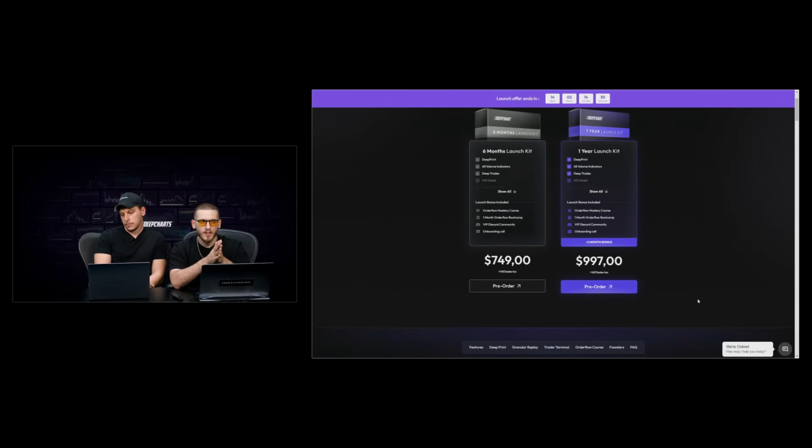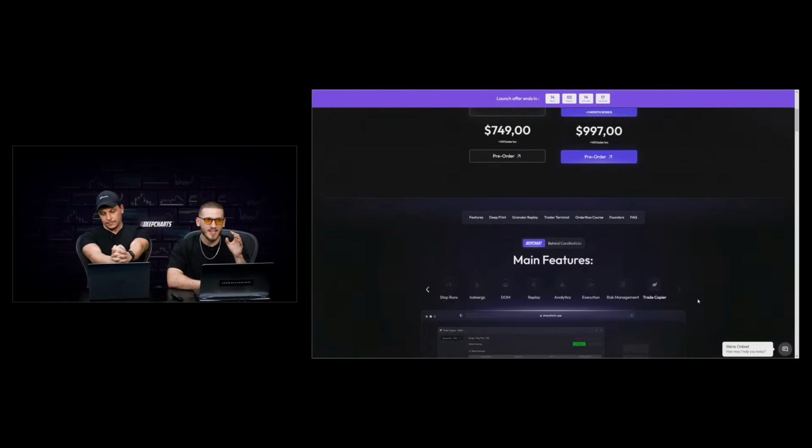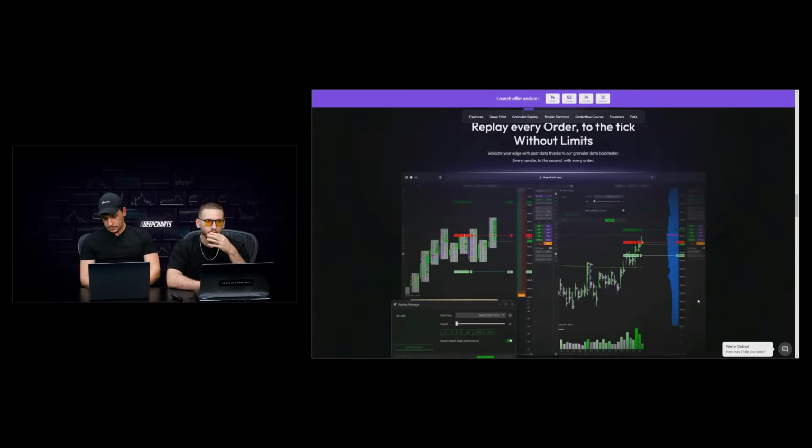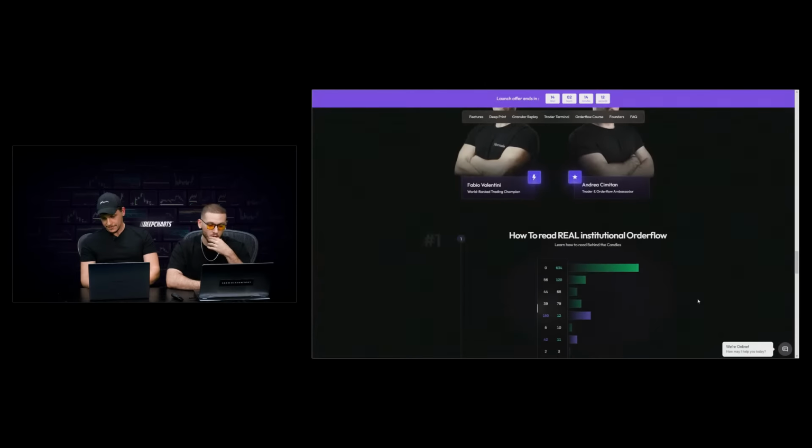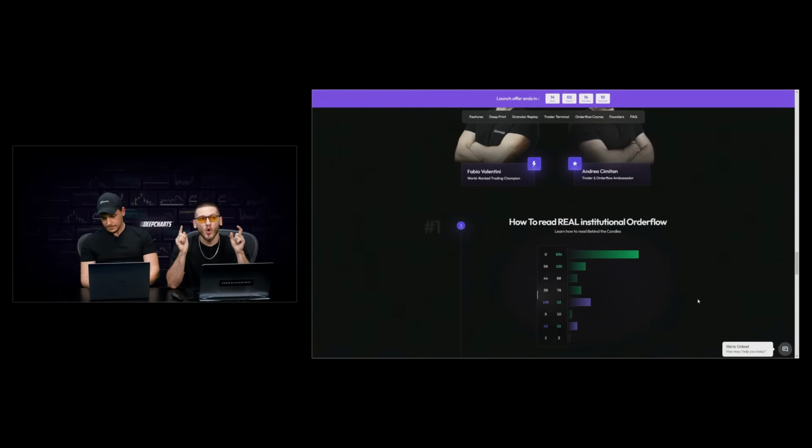But Deep DOM, or Deep Map, we're working on the branding, is going to be a specific platform that displays market liquidity and will be launched by itself as a standalone product. And we're going to be able to sell a bundle. But if you join today, you're going to get a chance. I cannot promise who, but at least 100 to 200 people will get a demo of that charting platform, the heat map charts.